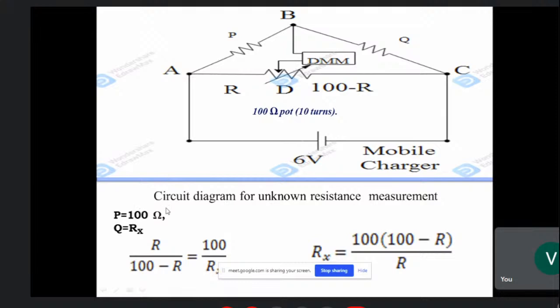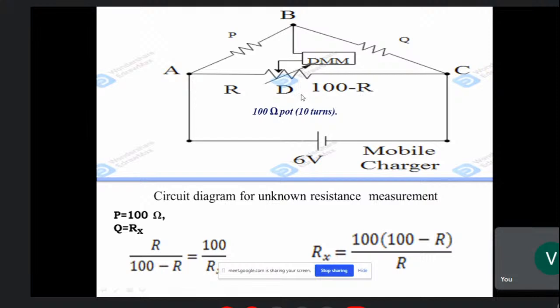So P is 100 ohm. We have used this breadboard and carbon resistance, connected this circuit, and used null deflection.